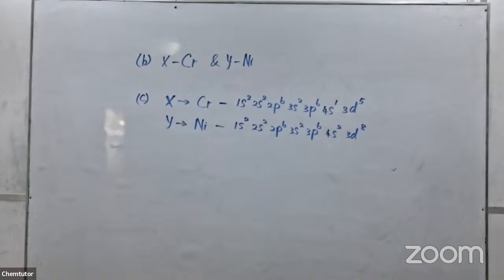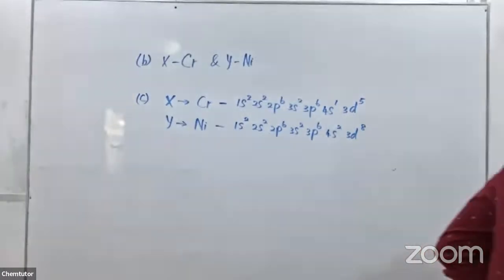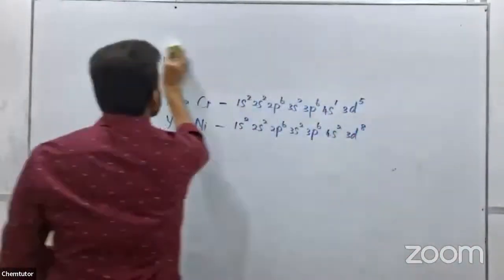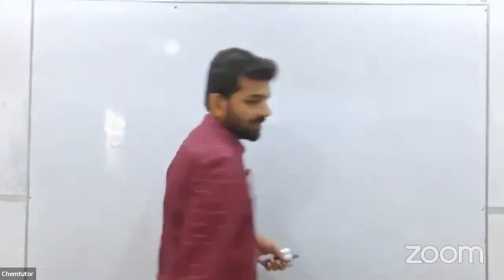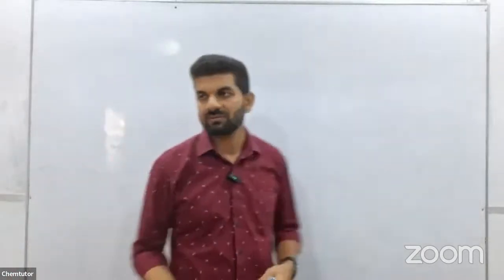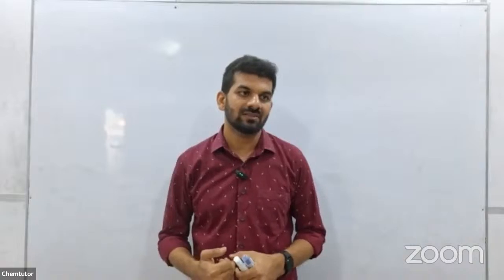Downwards the group, the reactivity increases. They react with water vigorously, and the reactivity increases once we go down the group. Once we go down the group, they react explosively, not just vigorously.